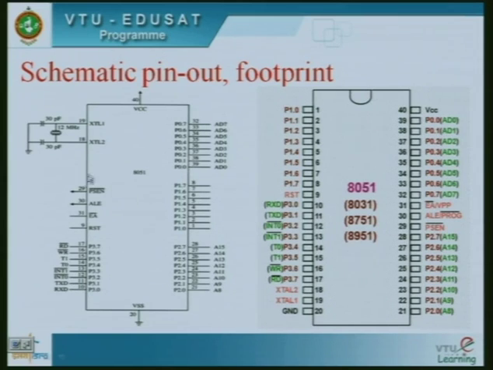Then I have these 4 control signals, and then the crystal or the clock is mounted on the remaining 2, that is XTL1 and XTL2. So it is 32 plus 4, 36, plus 2, 38, and 2 more to give VCC and ground. So totally it is a 40 pin IC. This is called a schematic pinout.